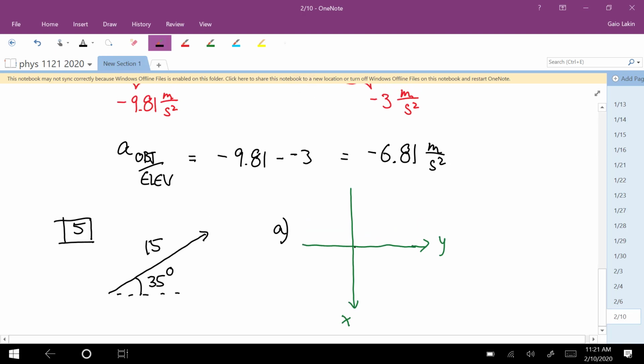Draw the vector with its tail at the origin without changing the orientation. This angle is 35 degrees, so the counterclockwise angle from the positive x-axis to the vector was 90 plus 35. And so this answer is 15 times cosine of 125, 15 times sine of 125.